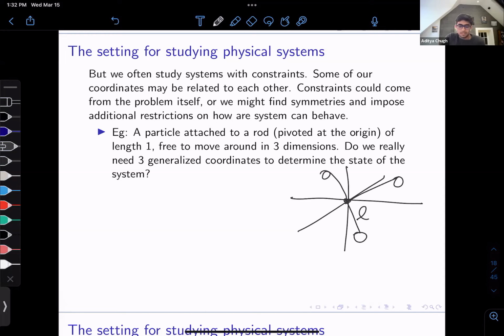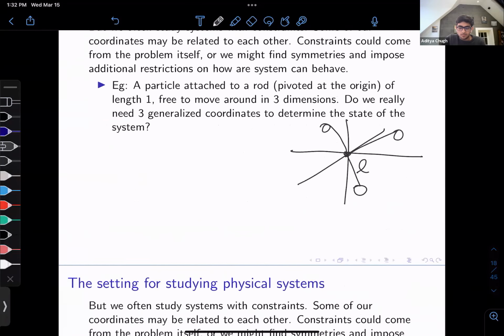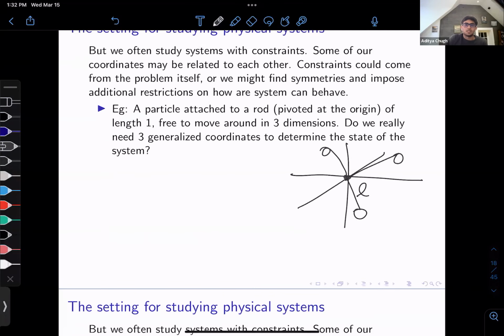So here you might realize, do we really need 3 generalized coordinates to determine the state of the system? Do we again need to provide the x, y, and z coordinates to analyze this? But you might realize that the constraint is that the distance of this particle from the origin is fixed. So you can take that for granted, and you just need 2 angles to specify the state of the system, just where it's lying on the sphere.